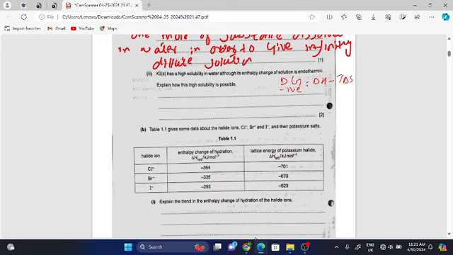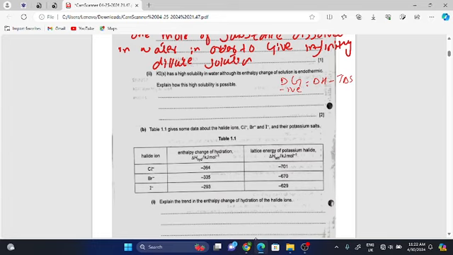Whenever delta G is negative, it means that from the reactant side, more reactants are going to convert into products. So when delta G is negative, the reaction is feasible.